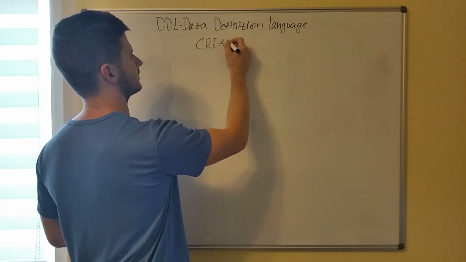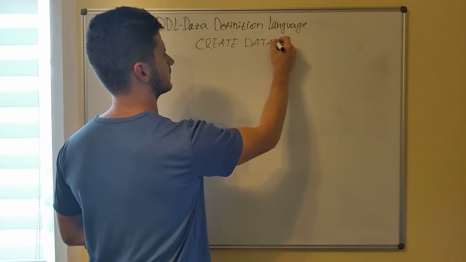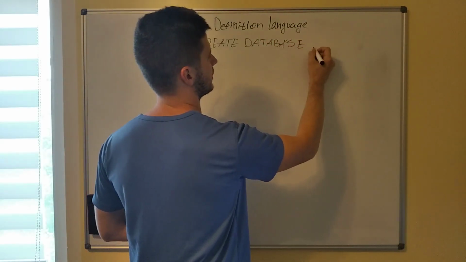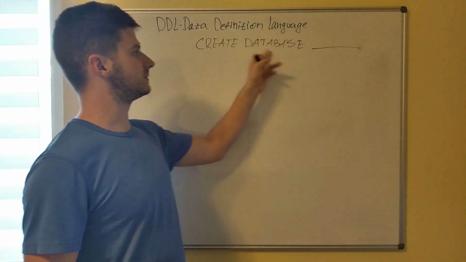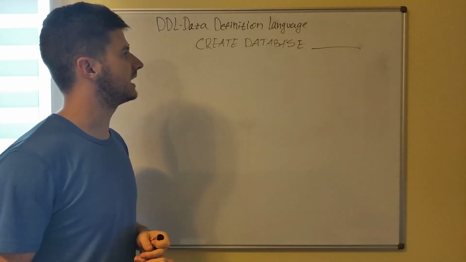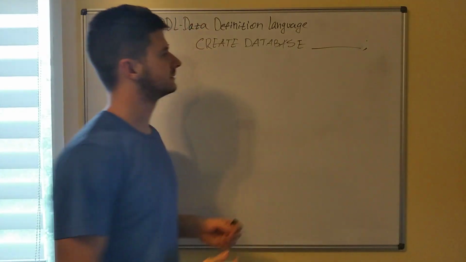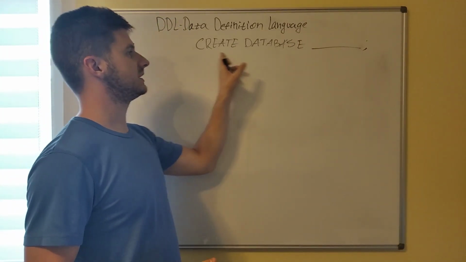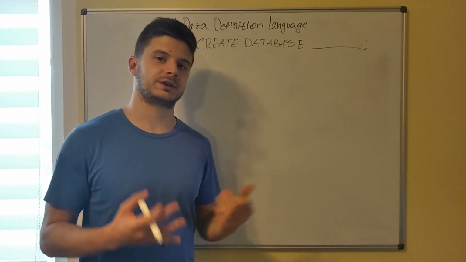Create database and then you give it a name here. And that's essentially it. So this is the simplest possible statement that you can have. Of course, you want to put a semicolon in the end, just to state that this is the single statement that we're working with. Okay, so this was really simple.